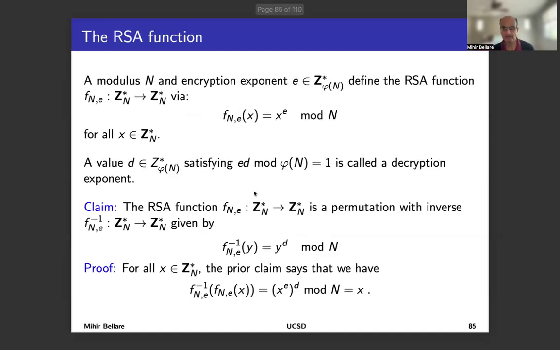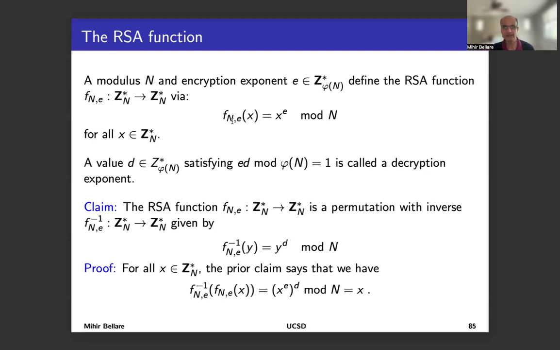But this turns out, in fact, to be quite powerful. And it also, somewhat unlike the discrete log system, has a natural interpretation in terms of encryption and decryption. So imagine you have this number n, which we call our modulus, and we have one of these exponents. I'll call them exponents because we raise x to that power, and the E is called the encryption one, and it belongs to this set, Z star phi of n.